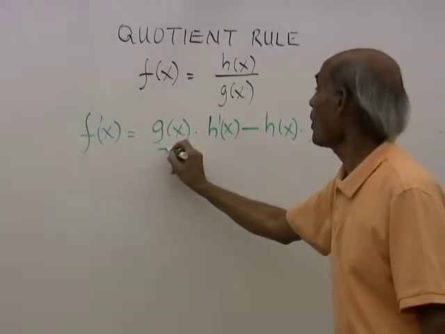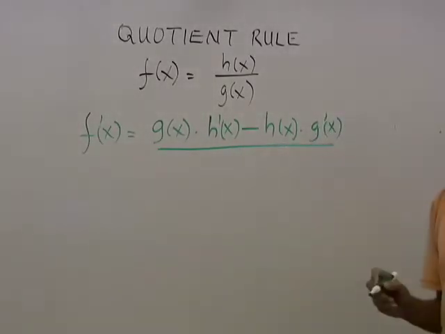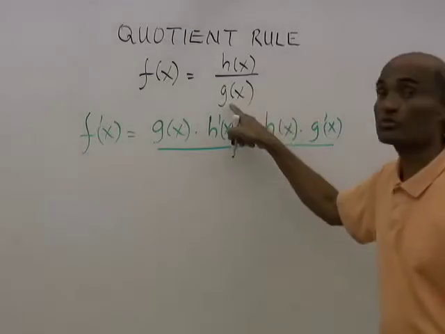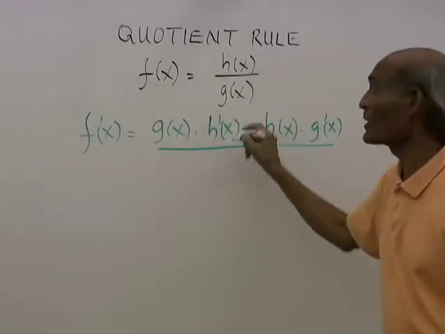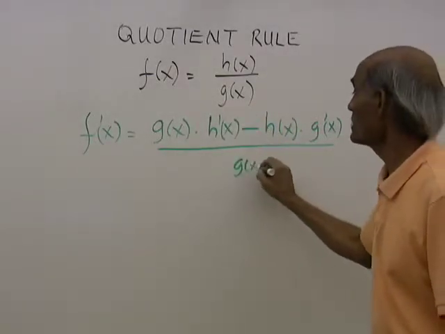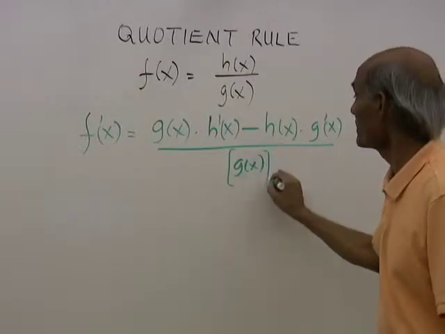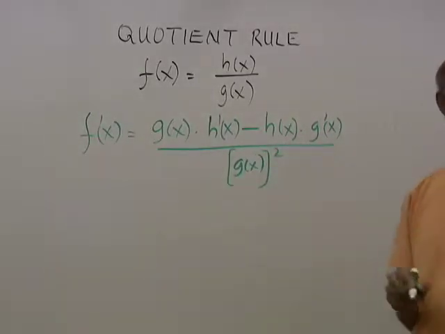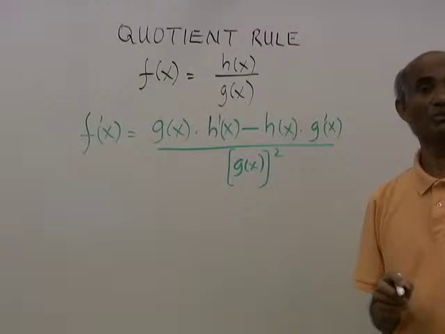Now, all over the square of the denominator, that is g of x raised to the power of 2. That is the quotient rule.